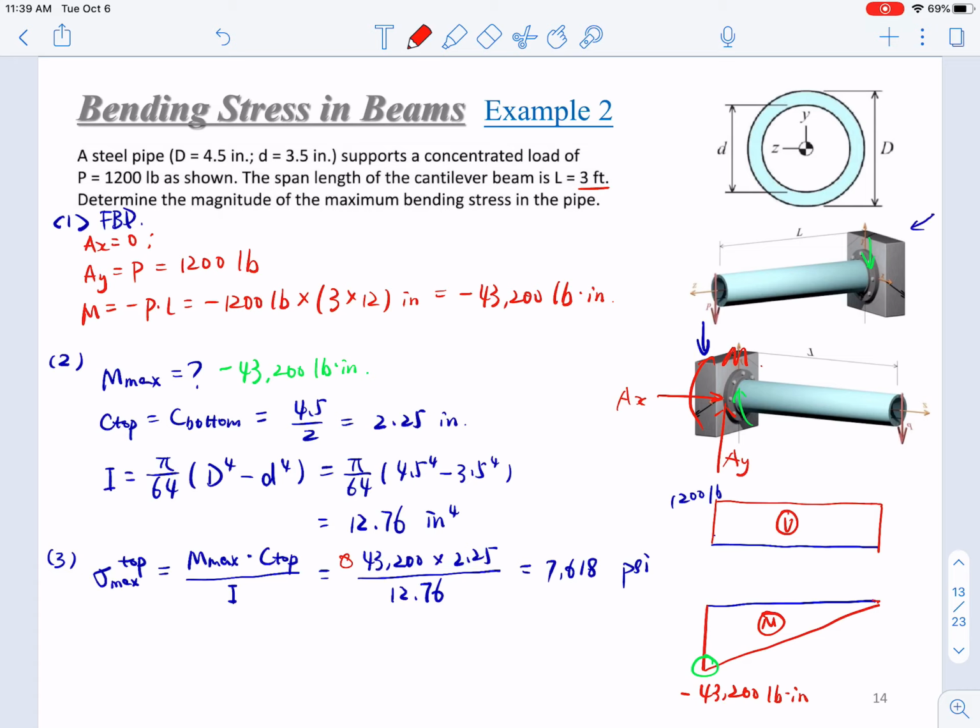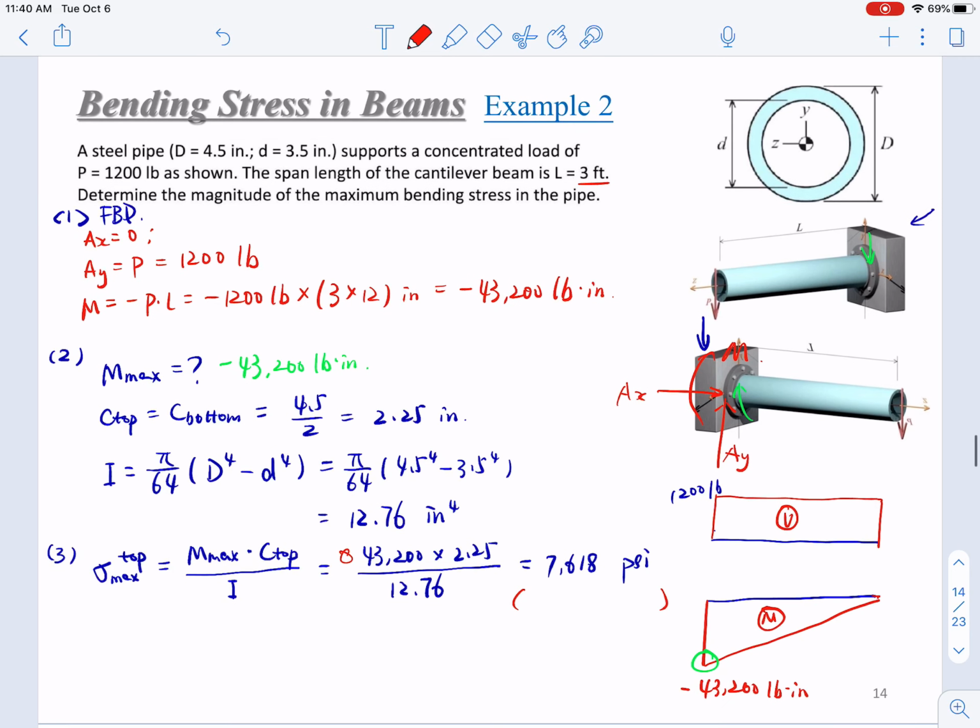In this case, is the value in compression or in tension? On the top, since you are applying this P downward, its deflection will be in this way. So the beam will bend, and on the top it will be stretched, that will be in tension.